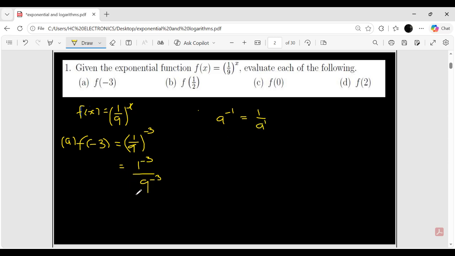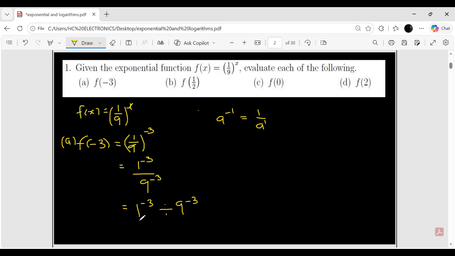Even here we can do the same thing. Since these are fractions, to solve it easily, we say it is equal to 1 to the power negative 3 divided by 9 to the power negative 3.